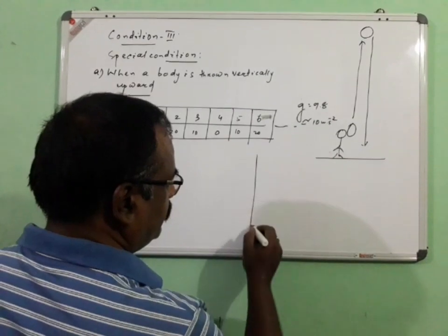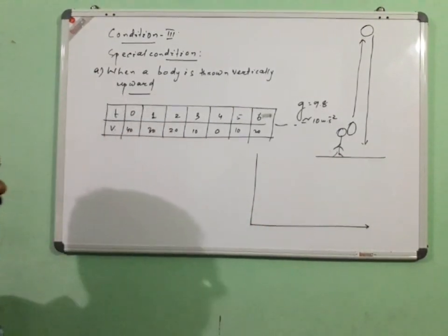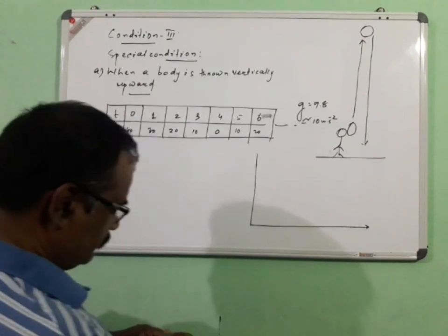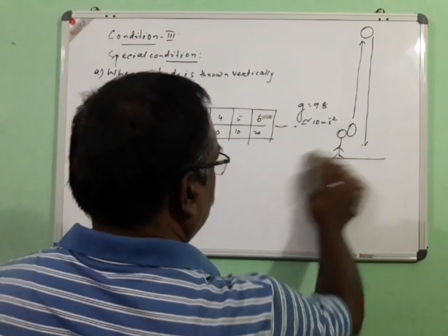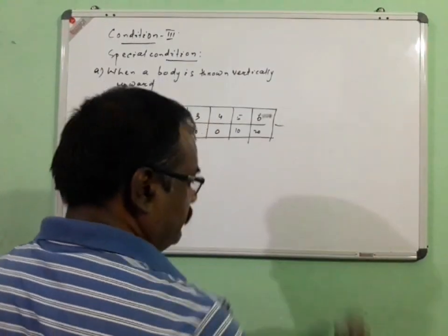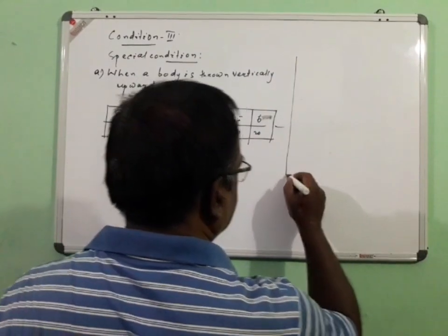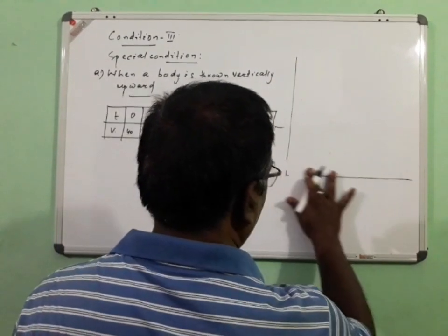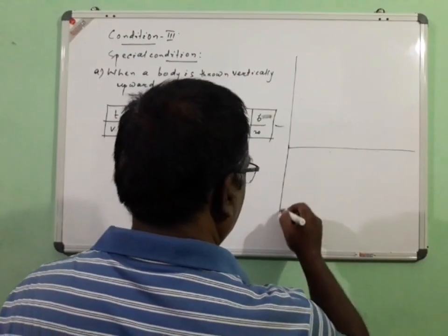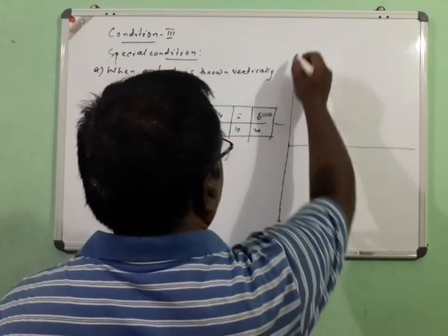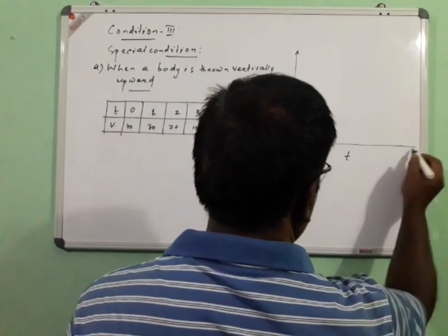If we plot a velocity versus time graph, this is your velocity component on the y-axis and this is time.